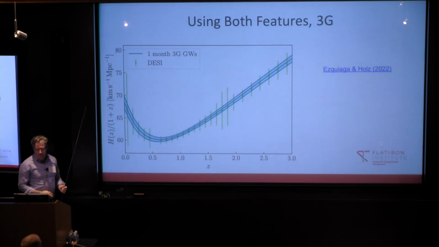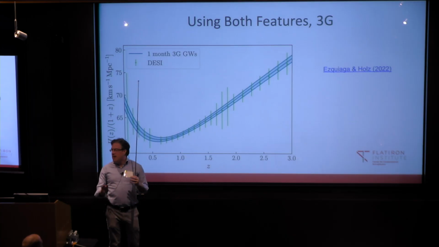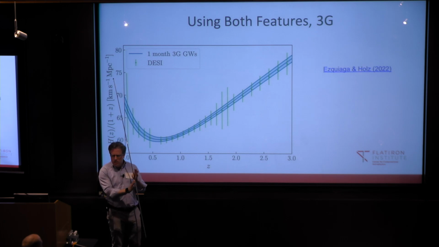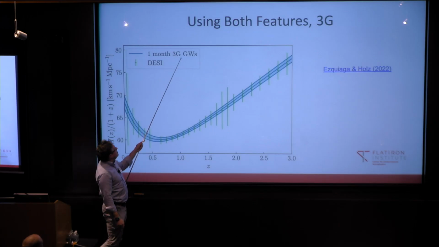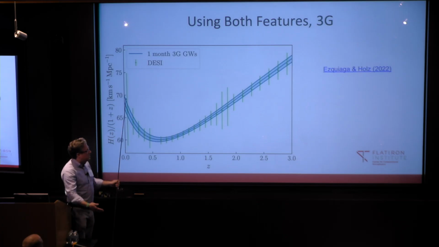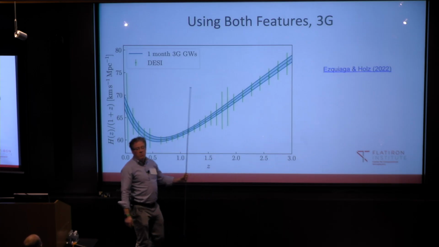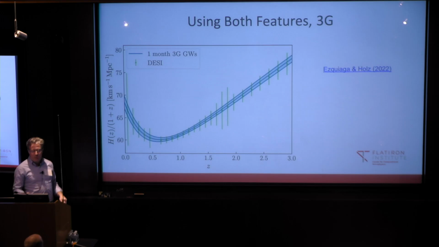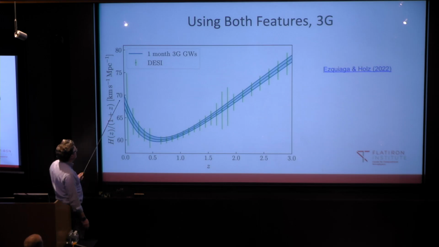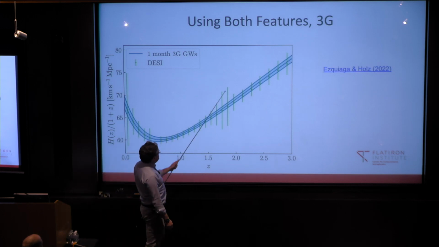So Jose Esquiaga and Dan Holtz wrote a really nice paper pointing this out and showing that by demanding only the homologous expansion, measuring only the homologous expansion of the peaks to do redshifts, in XG, because nobody likes 3G, in next generation detectors, where you can see black holes to redshifts of 3, 4, 5, 6, then with a month of data, which comprises some few tens of thousands of black hole mergers, you can measure a cosmic expansion history out to redshift 2 and 3, which it beats, right?